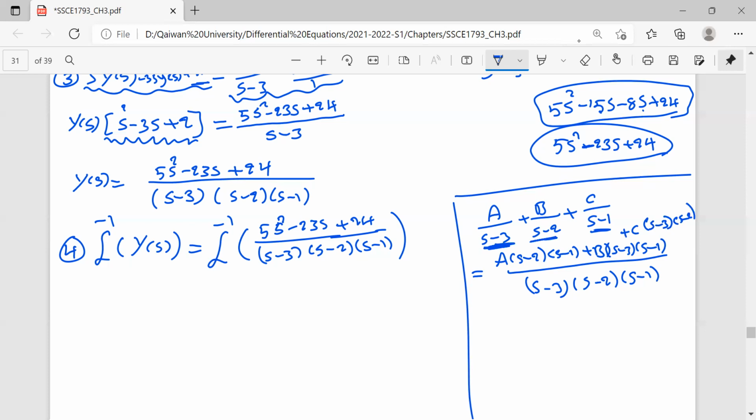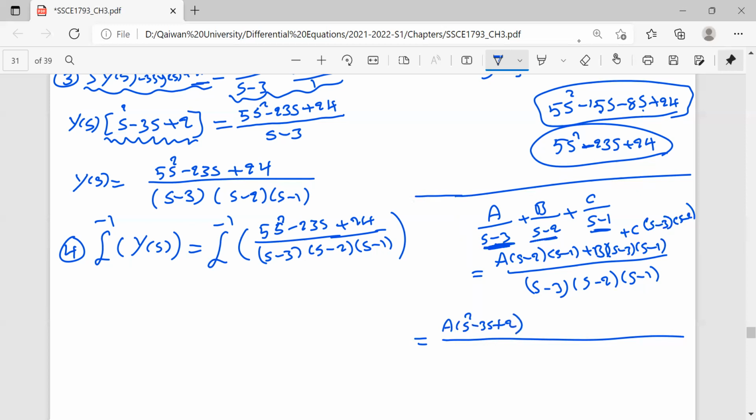Okay, we try to simplify it. Here s minus 2 times s minus 1 is s squared minus 3s plus 2. So it's a times s squared minus 3s plus 2.